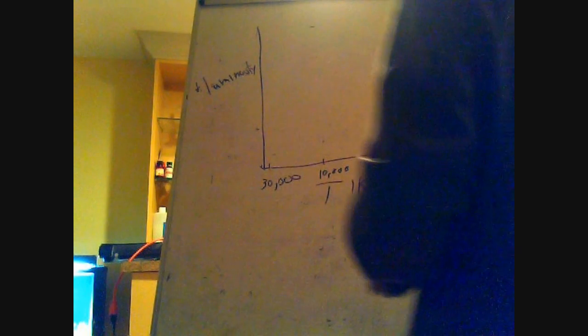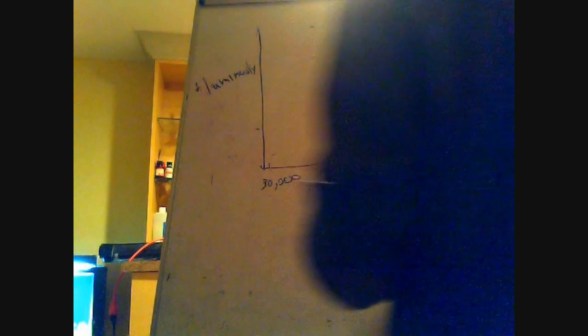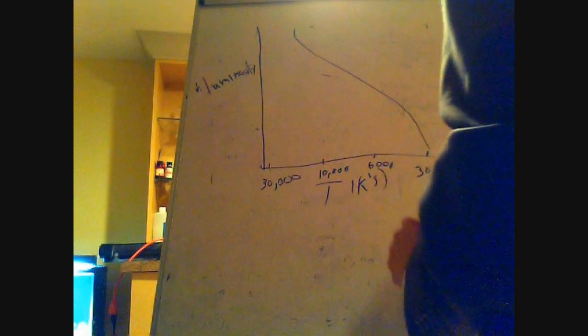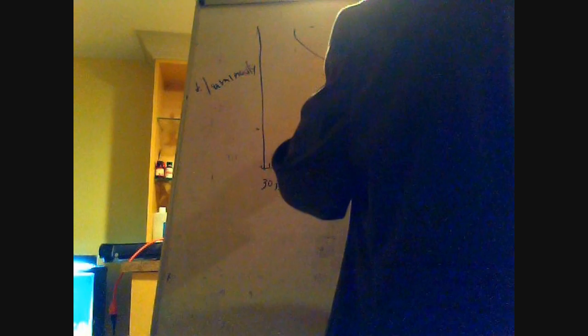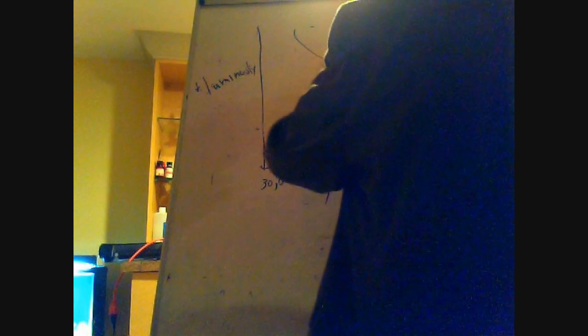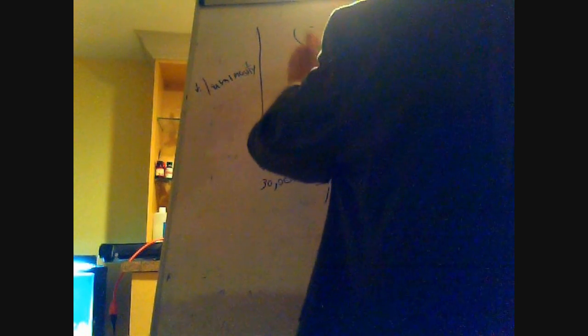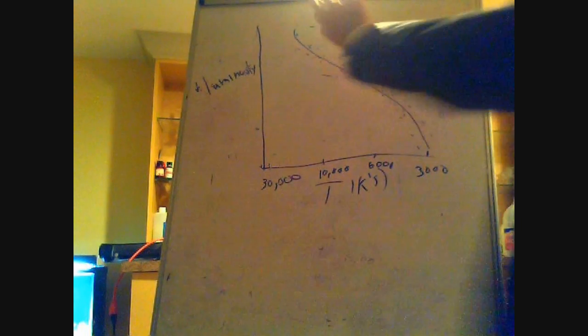We'll find that most stars lie on a curve that looks something like this. It goes like this, then curves in, and sort of curves down like that. If we plotted stars in terms of their luminosity and temperature, we would find that most of them fall along this area here.